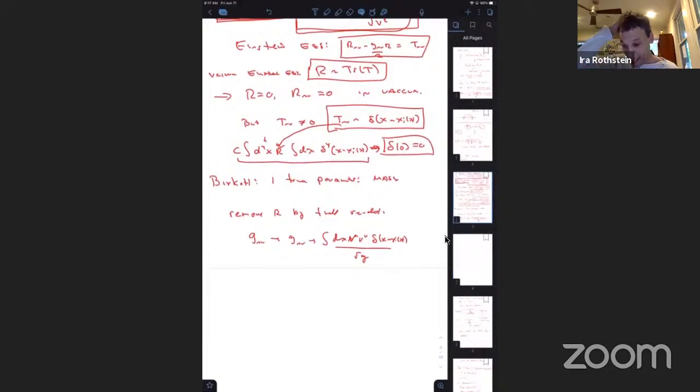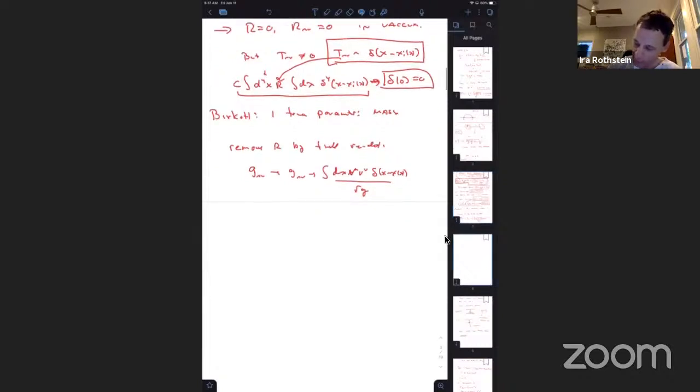Now, it's interesting to ask, last time I said that setting the terms in the action to 0 is justified by the use of a field redefinition, right?